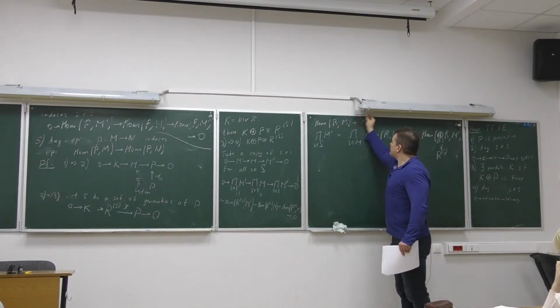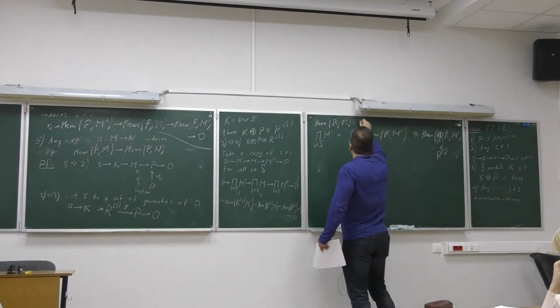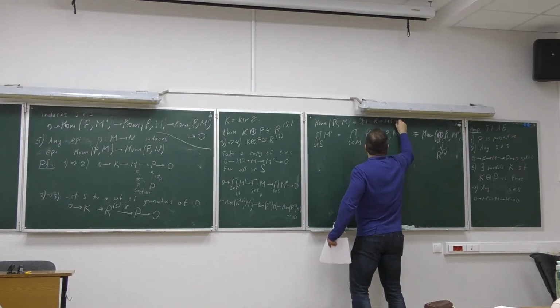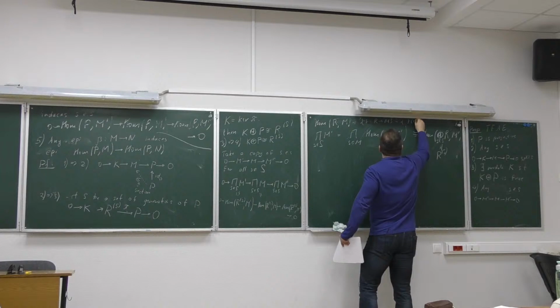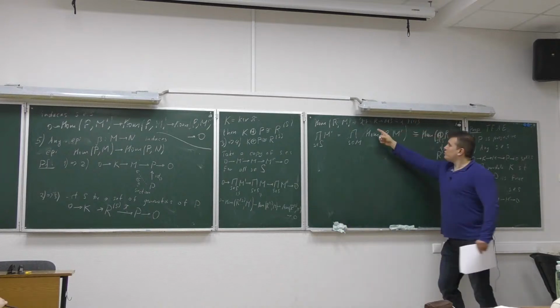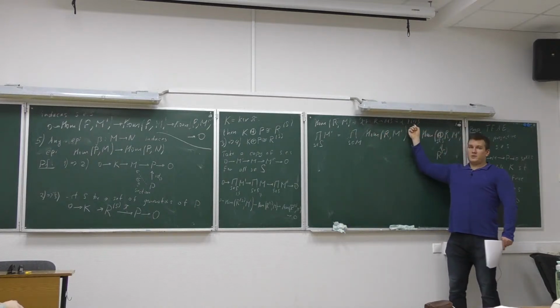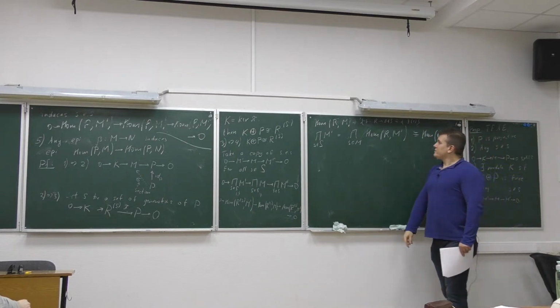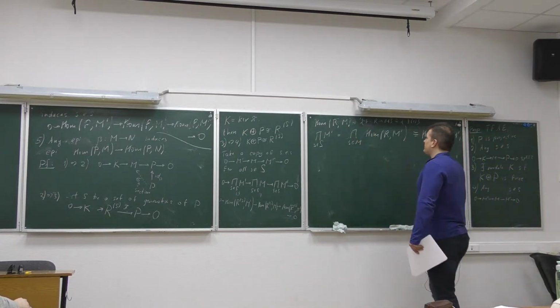So such homs are exactly the same things as, well, you need to understand where, okay, so this is a map from R to M, but this is completely determined by the image of the element 1. Because if you know where 1 is mapped, you know where every element is mapped, because it's just an R-linear map. And this is exactly the set of all elements in M.